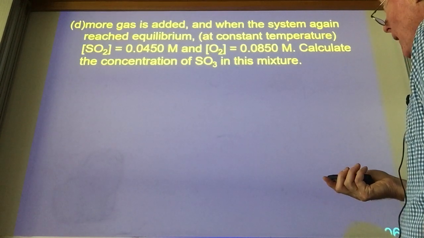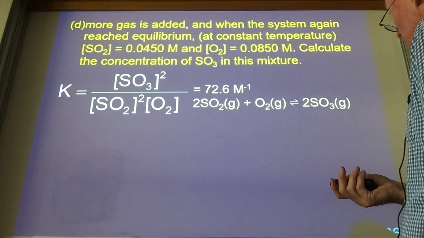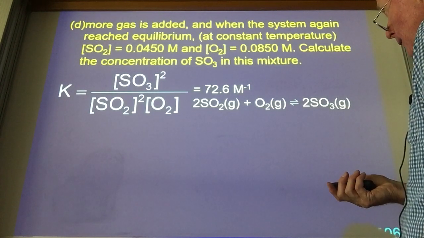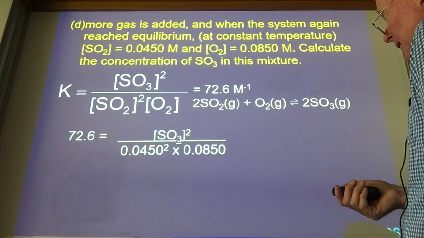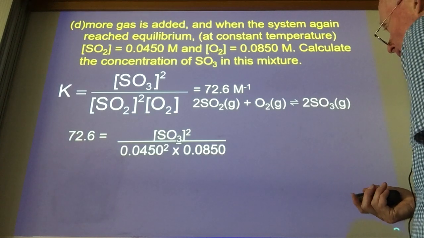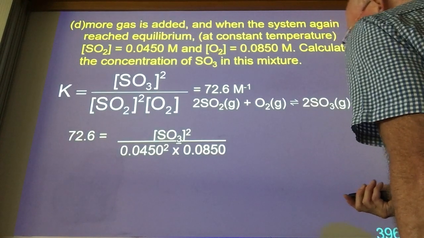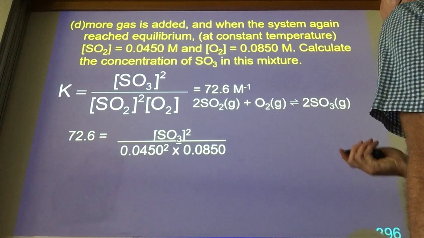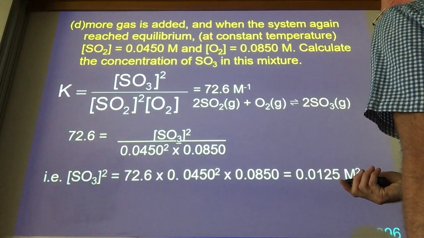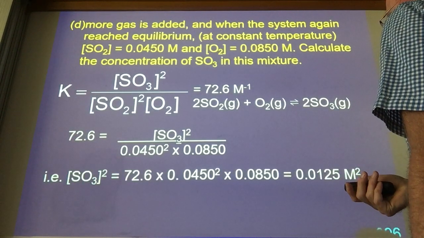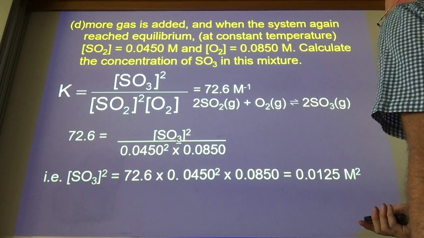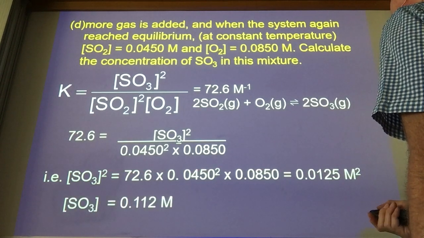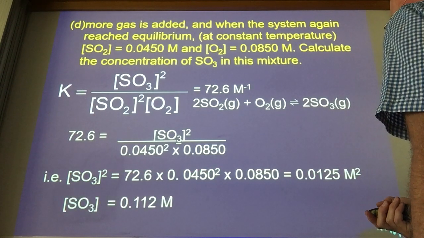That leaves us with one unknown, which we can solve for fairly simply. So put in all the values we know, and that leaves us with SO3 squared, then we take the square root of it and we get that answer.